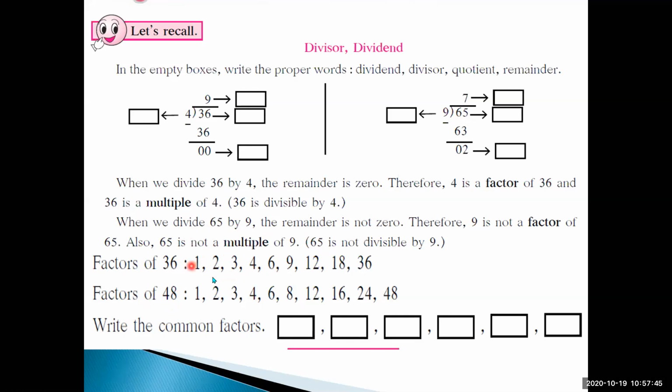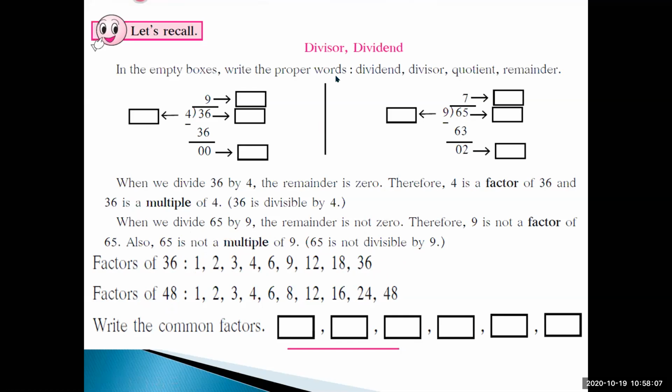So the first factor of 36 is 1, and the last factor, the greatest factor, is the number itself. If anyone asks you what is the lowest factor of any number, the answer is 1.